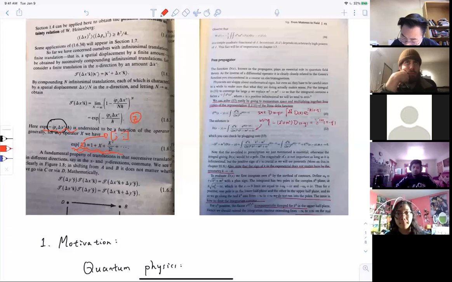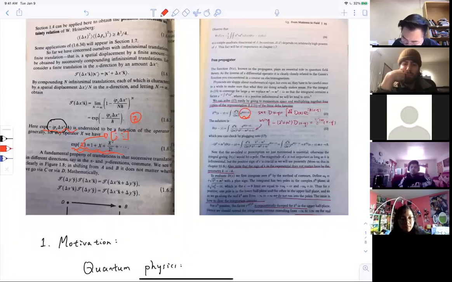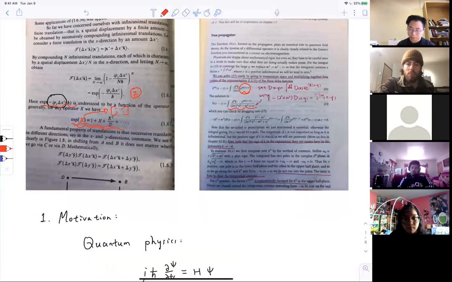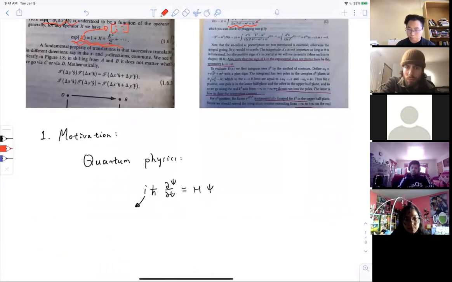And the right one is from a book about quantum field theory. You can also see some complex numbers and complex integrals. If you open up a quantum book, you will see many complex numbers, and that's unavoidable for quantum mechanics.